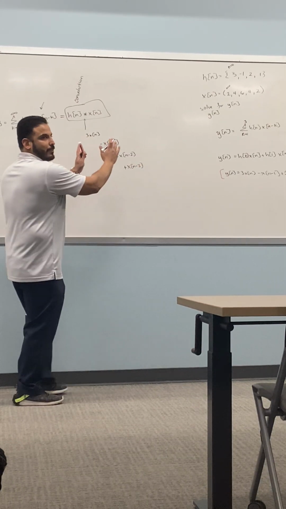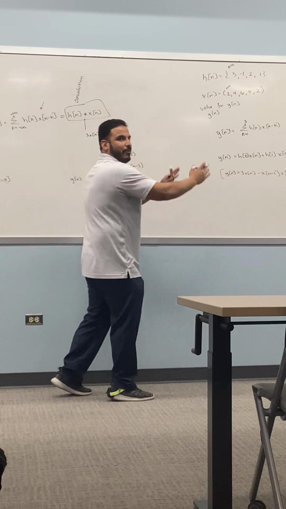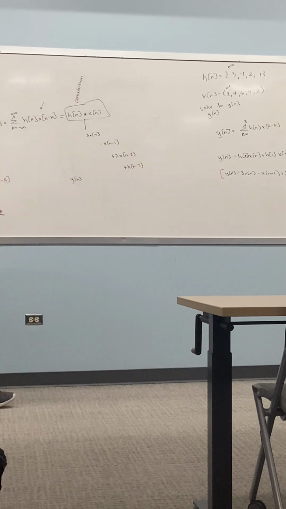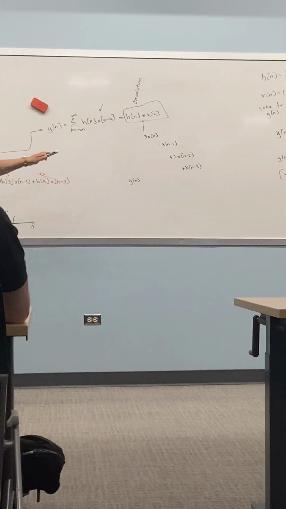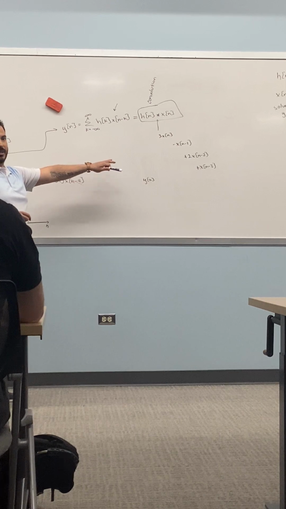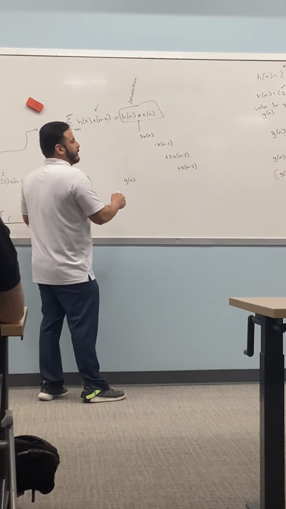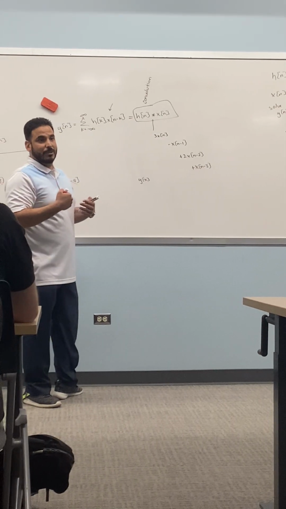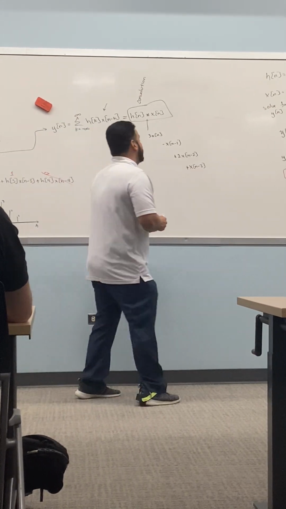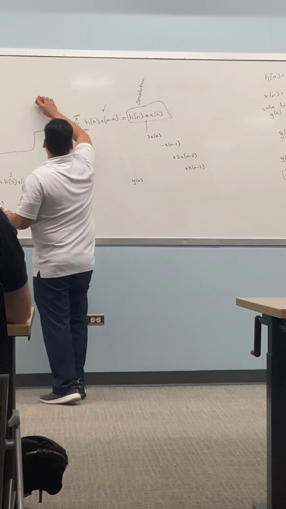The reason I'm scaling them that way is that you can create a table with this. So if you wanted to get the overall y of n, what I would suggest is that you create a table. Can I erase this?